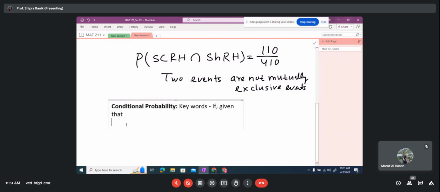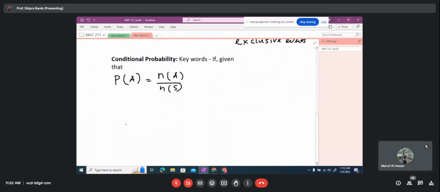What does it mean? Up to now, what have we done? Let's make a summary. We calculated how to find P(A), and always we say it is N(A) divided by N(S). Always we say. It's very true. That is the reason we say it. Okay. Now, say conditional probability.